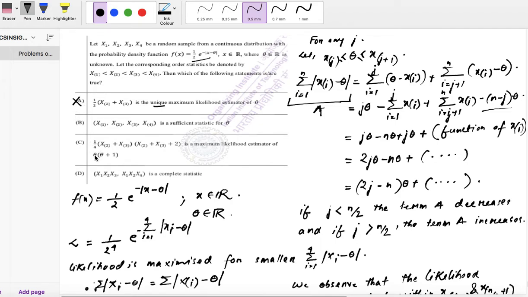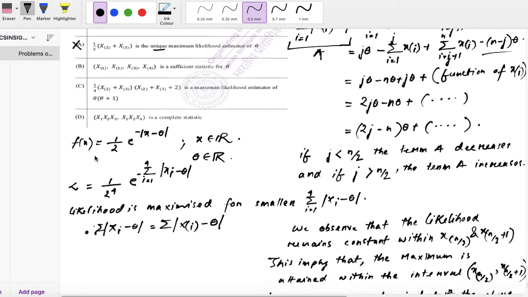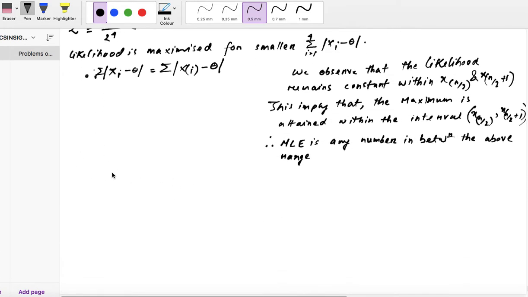Now let us suppose that we consider theta cap MLE to be x2 plus x3 divided by 2.